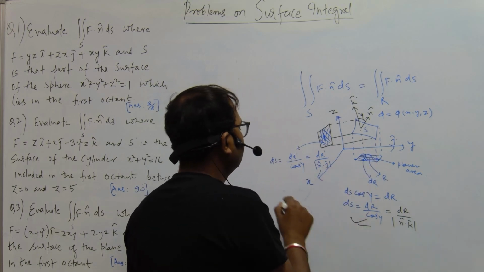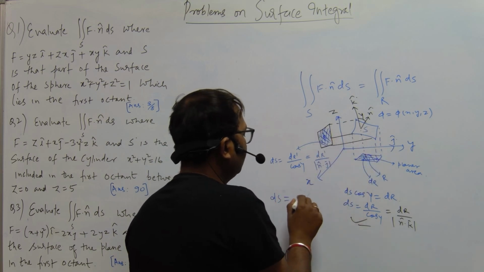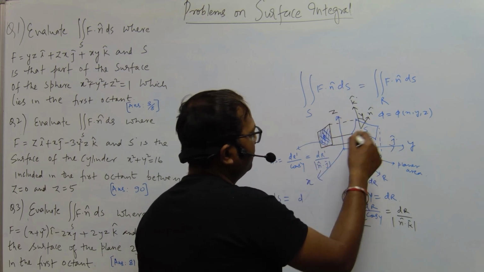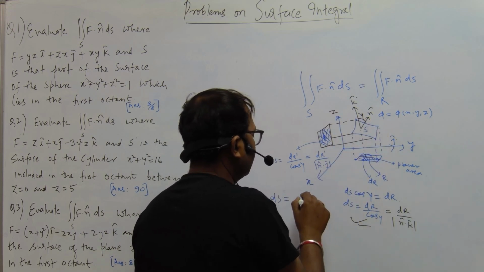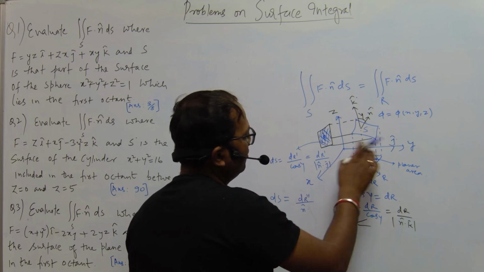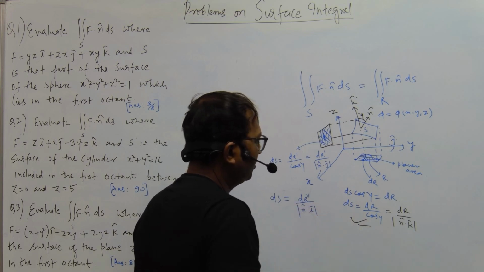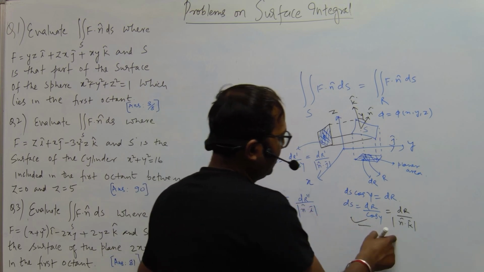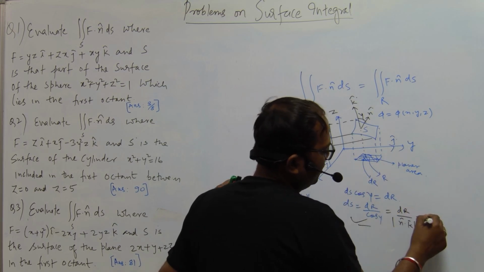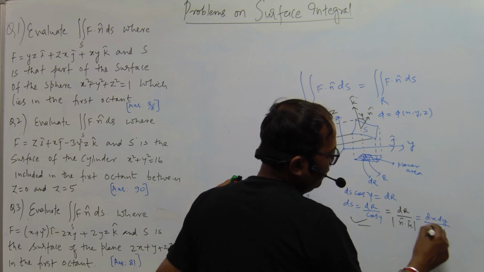Similarly, if we take the projection on the yz plane, then we have the value of dS as dR double dash upon n cap dot the unit vector perpendicular to yz. So suppose the projection is on the xy plane, then dR gets converted into dx dy upon n cap dot k cap.